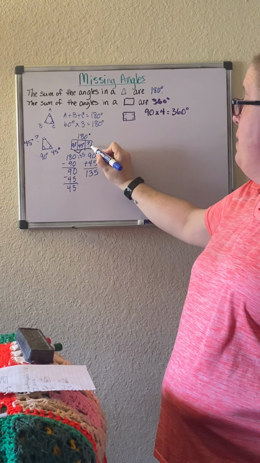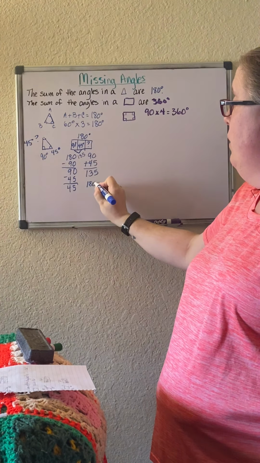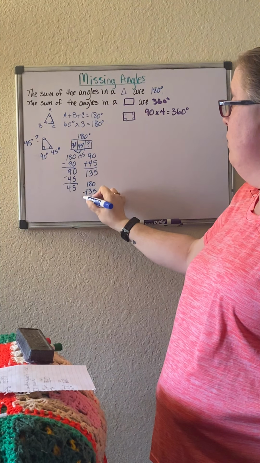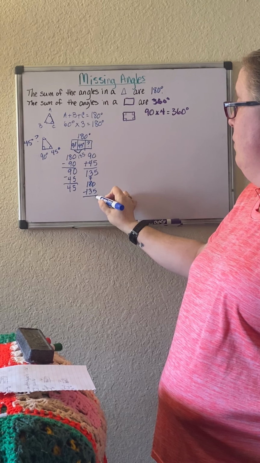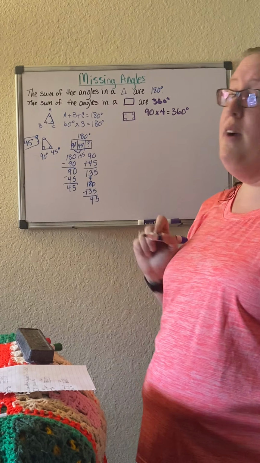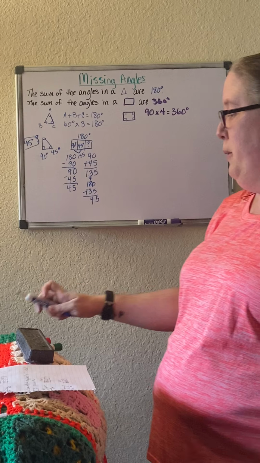So in order to find the missing piece, I do 180 minus 135 to get me the missing 45. So that's one example.